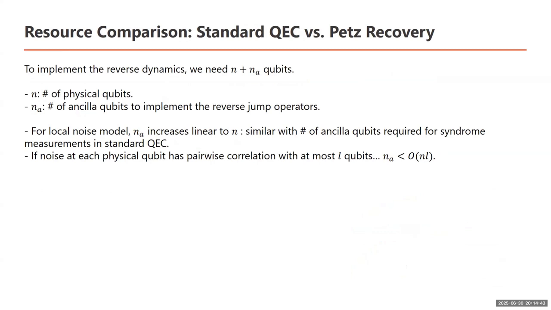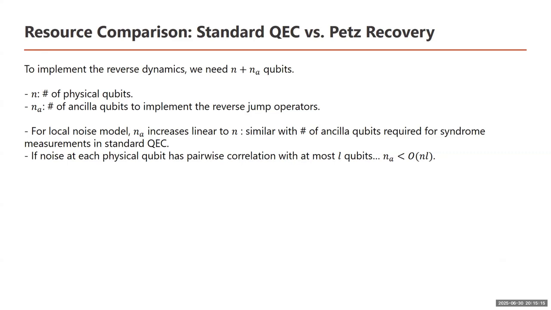So let's compare the resource requirements of standard quantum error correction with those of the path recovery approach. To implement the reverse dynamics, we will need n plus N_A qubits, where n is the number of physical qubits, and N_A is the number of ancillary qubits to implement the reverse jump operators, as I mentioned earlier.